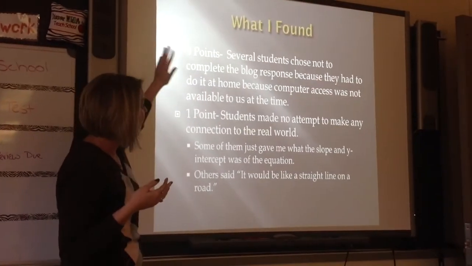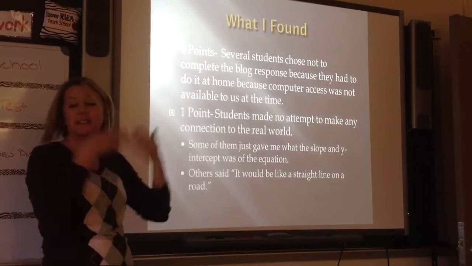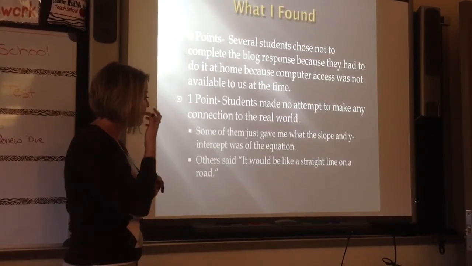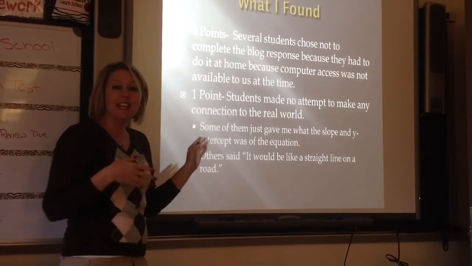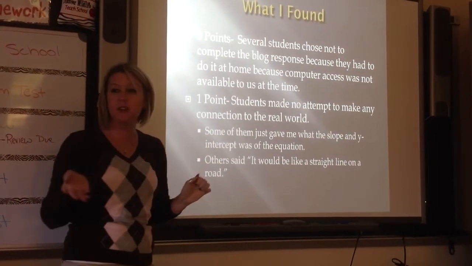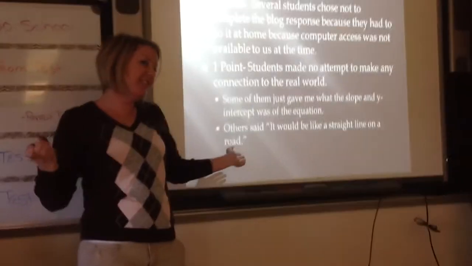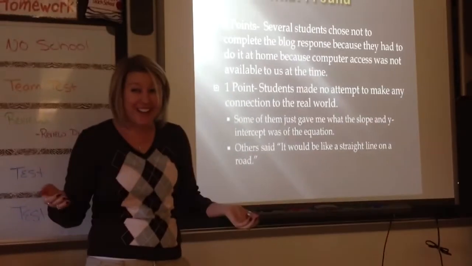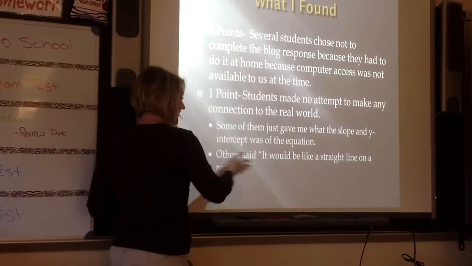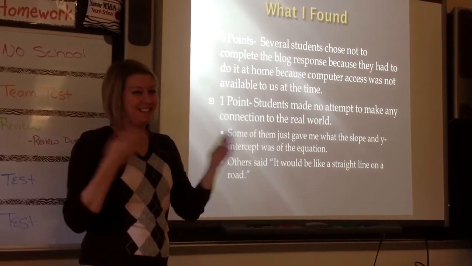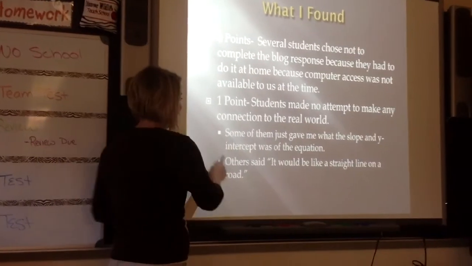So, like I said before, 0 points, nobody did anything. I had some students, like I said, who attempted 1 point. I had one kid who said that this equation related to a straight line, which is correct, and a straight line would relate to a line on a road, but does that really relate to the real world?